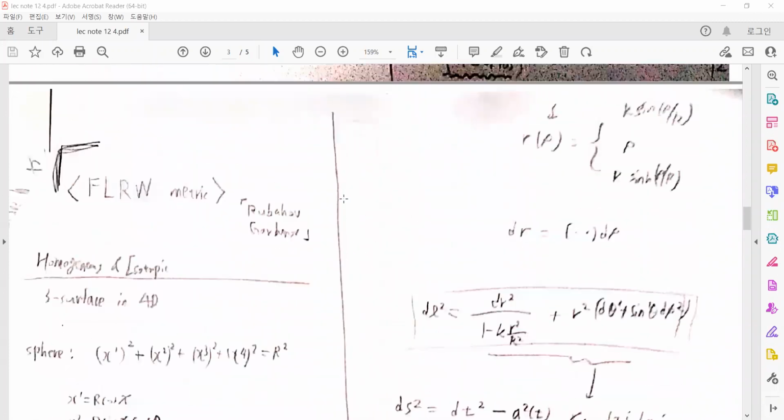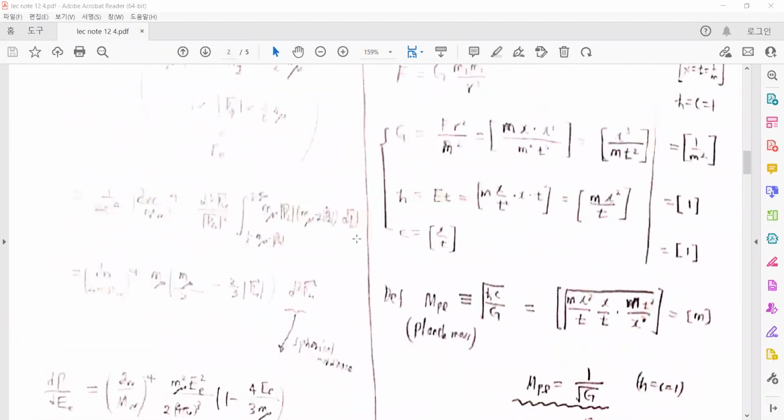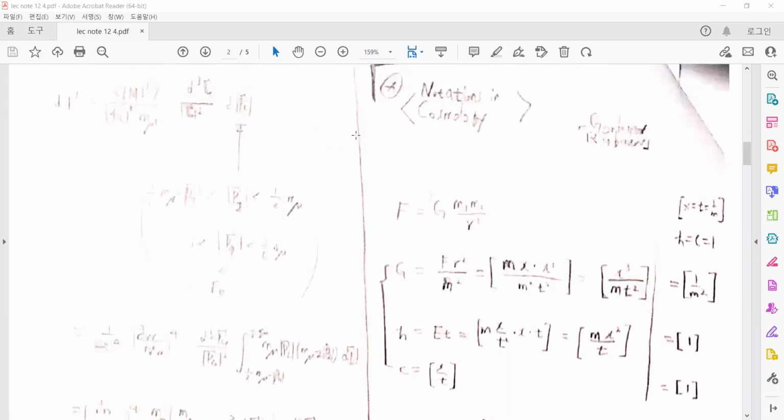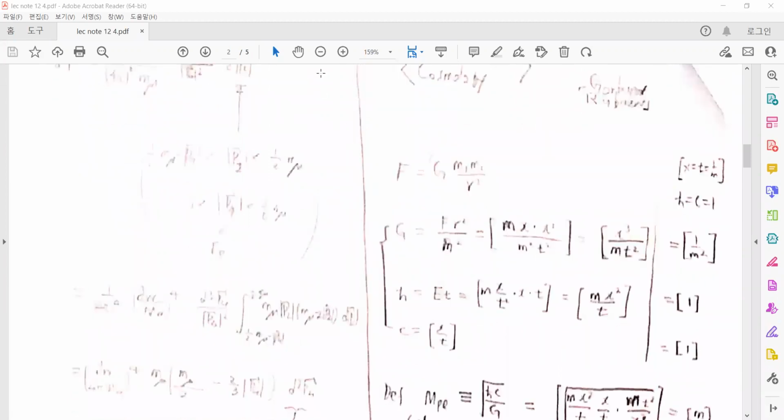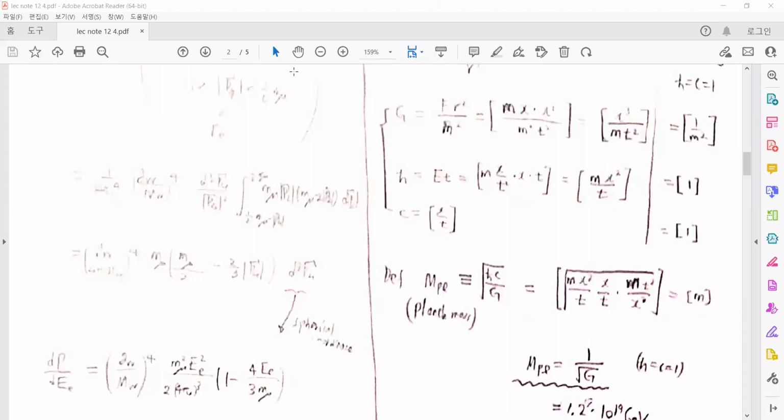I want to mention some remarks on conventions in cosmology before we start. We will use the gravitational constant G, h bar, and c equal to 1. Those are Planck units. The dimensions of the gravitational constant, h bar and c are given in terms of position, time, and mass.